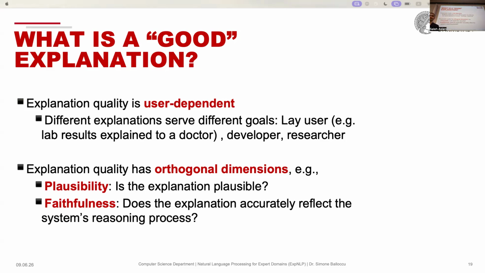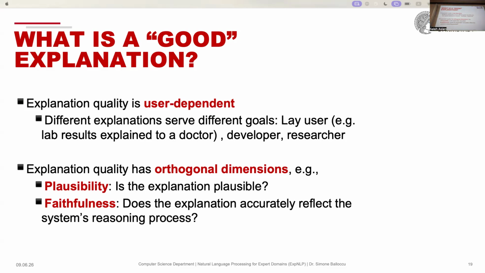But the reality is explanations could be looked into from two angles. So they need to be plausible and faithful. So the plausibility is when the explanation makes sense. And it is important for a good explanation to be logical.